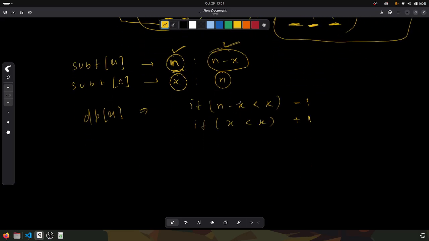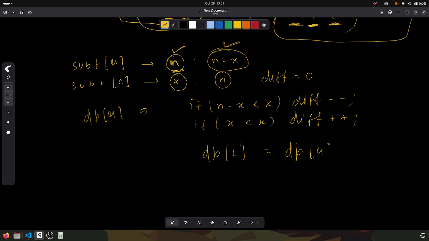So let's make a difference variable, difference 0, and let's update that variable here: difference minus minus and difference plus plus. And now the dp of C will just be equal to dp of R plus difference.